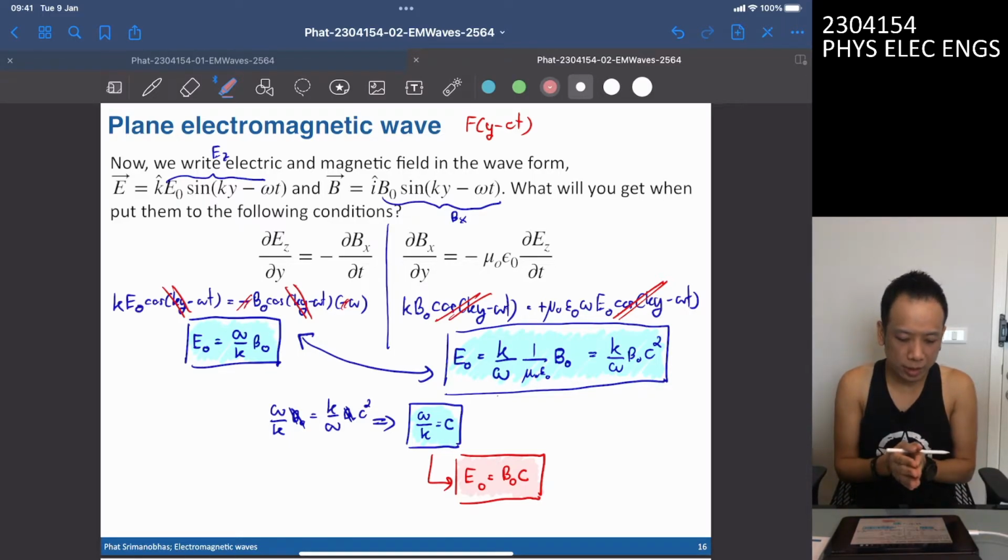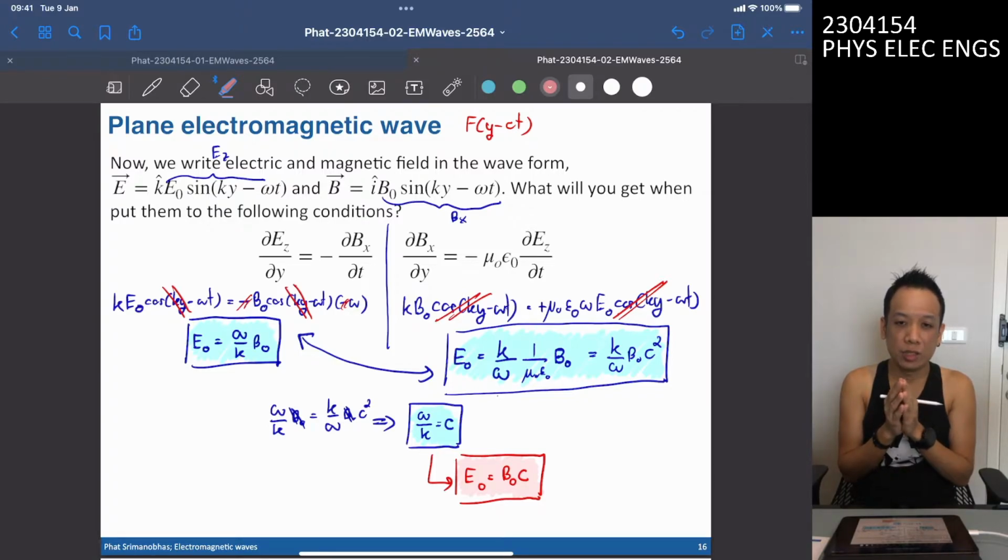In this case, E is propagating in the k direction, in the c direction, whereas B is propagating in the x direction. And then they oscillate in the same way because you have the same function psi, ky minus omega t. So at exactly the same place and same time, the psi term is the same.